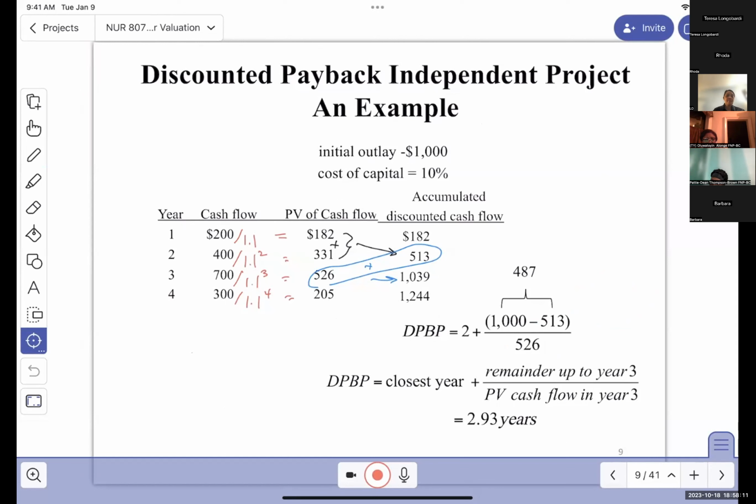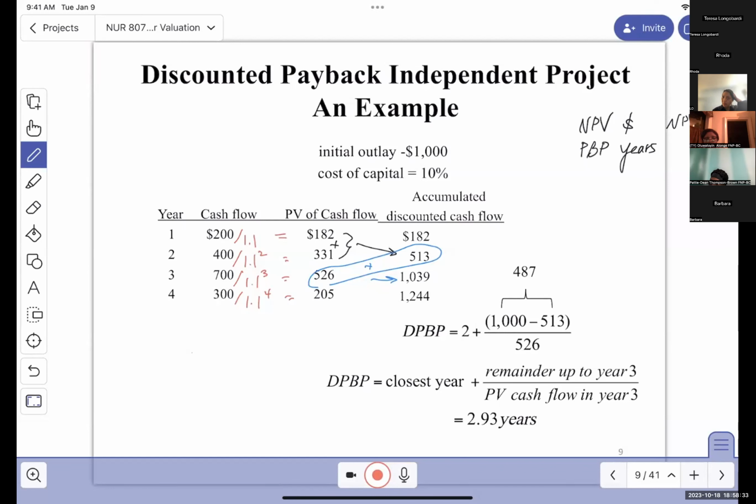So what we have done so far, we've talked about the NPV. The NPV gives you a dollar amount to decide if you're going to pursue a project. NPV must be greater than 0. Then we did the payback period, and that gives you years.